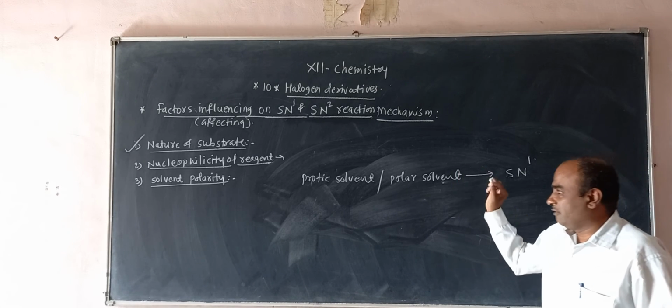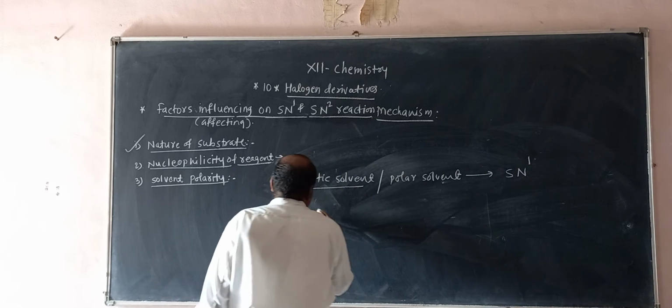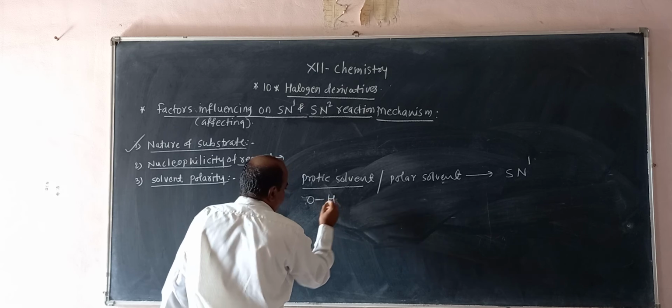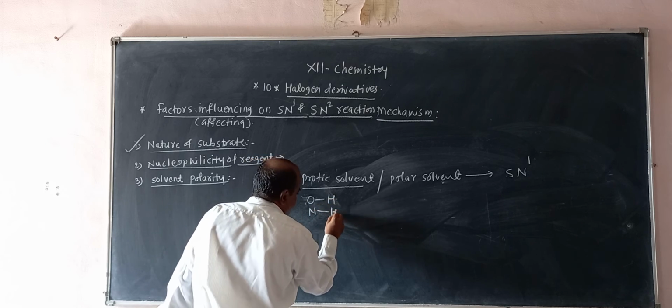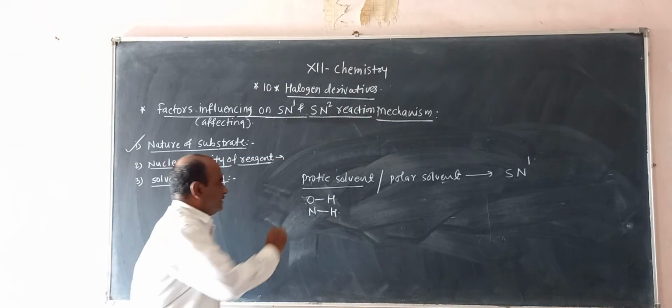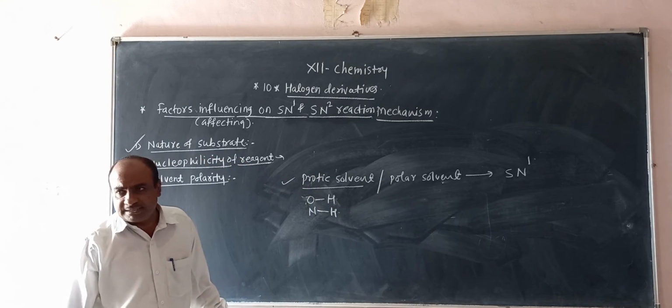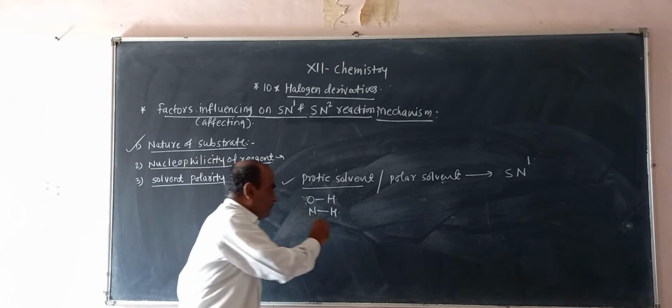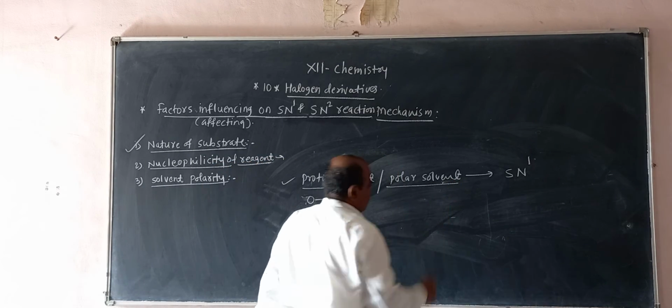Protic solvents are solvents which have an OH bond or NH bond. These solvents are called protic solvents, meaning they can easily break. Breakable solvents are called polar solvents.